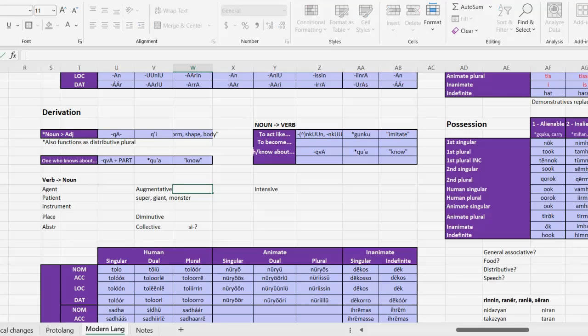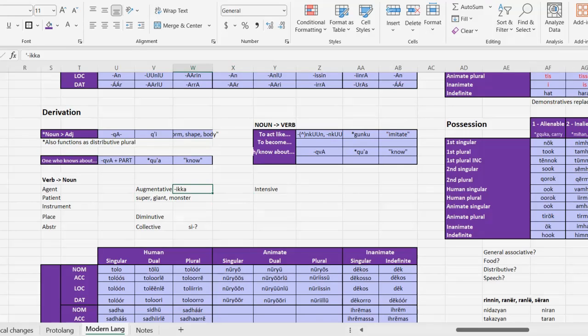So I was thinking of having a form of something like ika, and I'm specifically envisioning that as a suffix. Again, we could potentially have multiple different augmentatives with subtly different meanings, so we could still have some sort of prefixal augmentative if we wanted to.